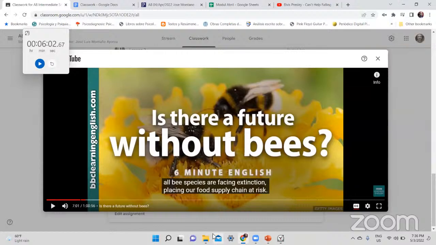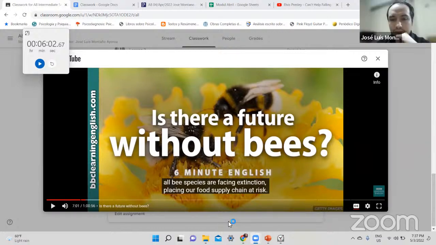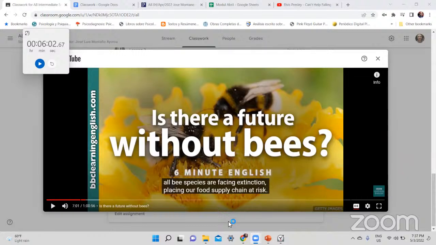Oh, well, I was thinking about climate change, and every year the bees need to move to other places because the temperatures are rising, and it is nature.